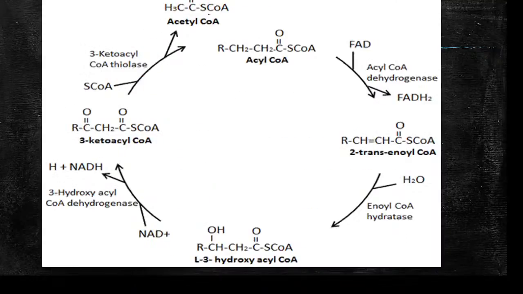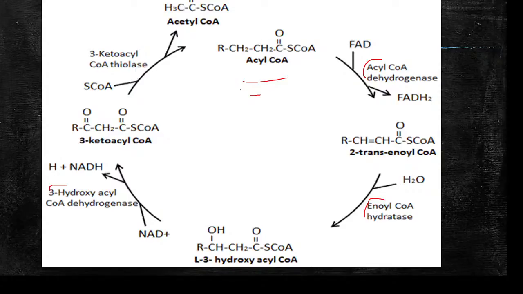Beta oxidation initially requires activation, so 2 ATPs are consumed. After activation, this acyl CoA undergoes 4 reactions, catalyzed by 4 major enzymes: acyl CoA dehydrogenase, enoyl CoA hydratase, 3-hydroxyacyl CoA dehydrogenase, and thiolase, 3-ketoacyl CoA thiolase.